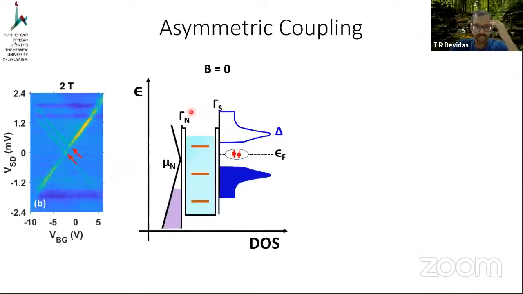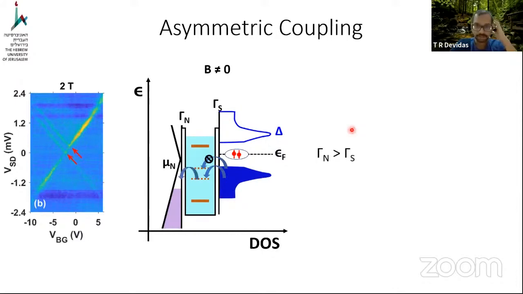In the absence of a magnetic field, you have this energy level of the dot resonant with the inner superconductor, so you have resonant tunneling. However, in the presence of a magnetic field, you have a Zeeman splitting of the level. If the dot couples weakly to the normal metal, weaker than to the superconductor, then you already have a single state occupied, which then Coulomb blockades any other movement of electron.